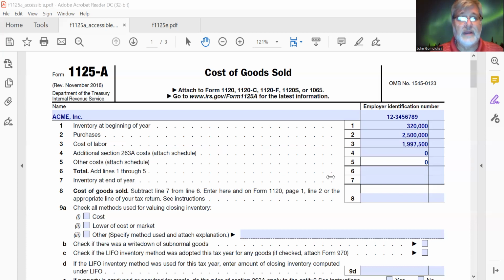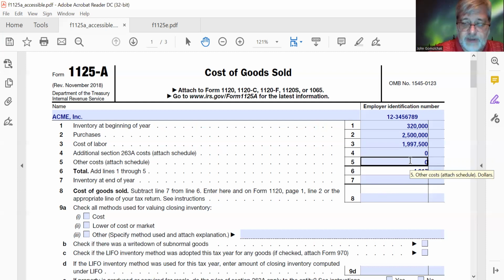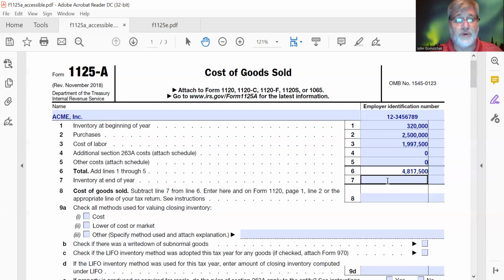Okay, so 320,000 plus 2,500,000 plus 1,997,500 equals 4,817,500. So 4,817,500.